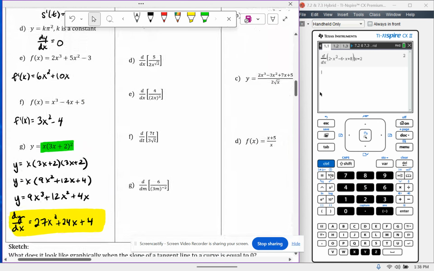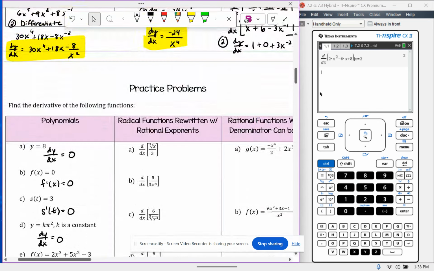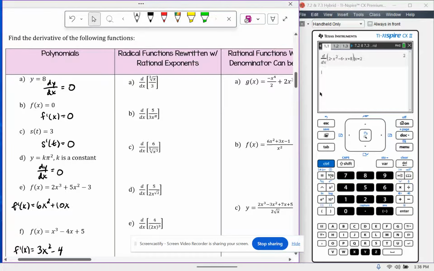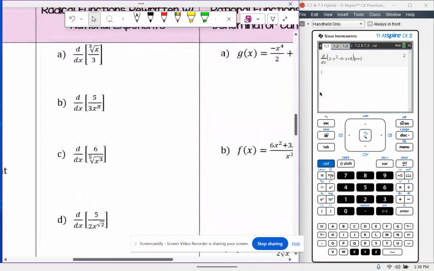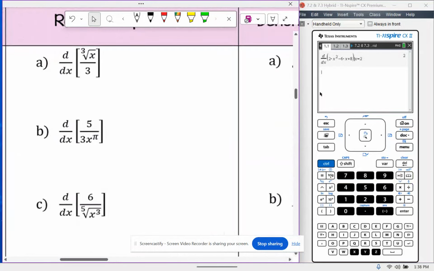All right. In the middle column, remember, the middle column are practice problems where we can use the power rule, but we now have radical functions rewritten with rational exponents, or fractions and they're rewritten as negative exponents, okay? But we still want to get it as coefficient x to a power. So let's try to do letter A, okay?